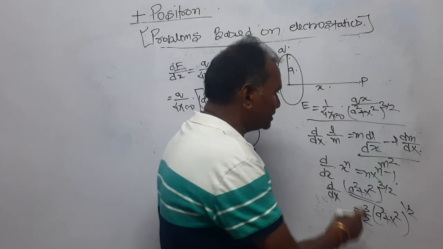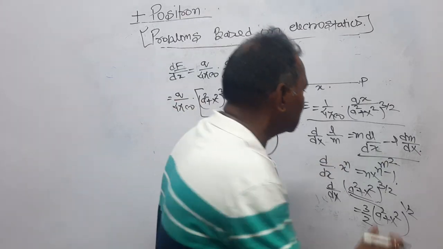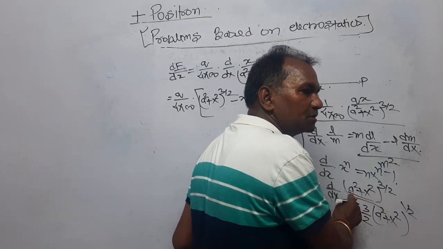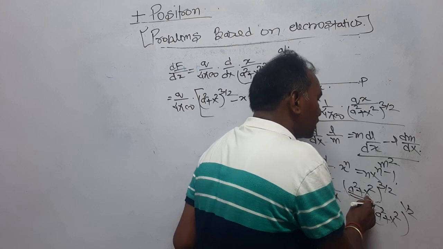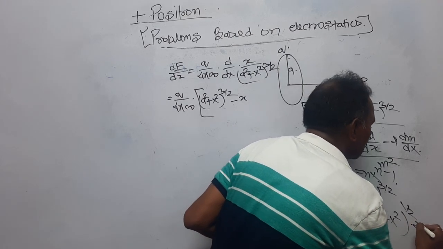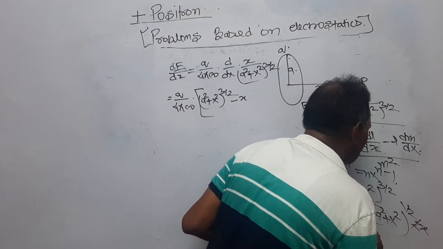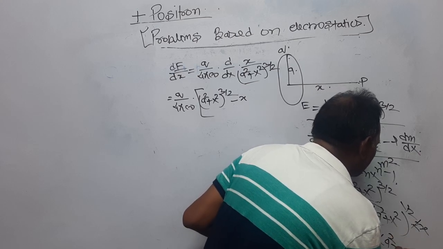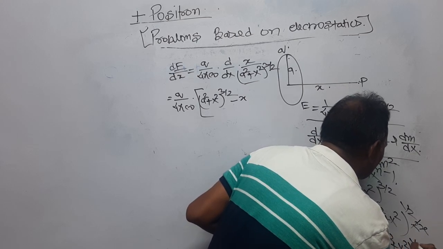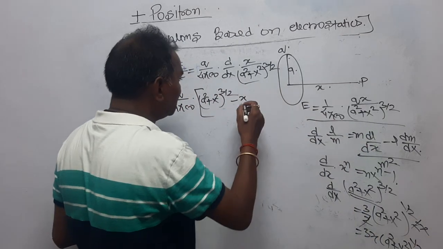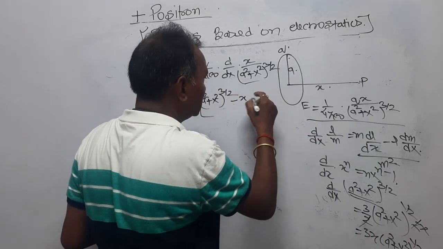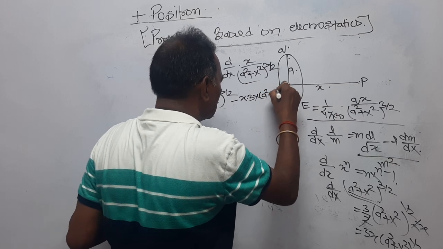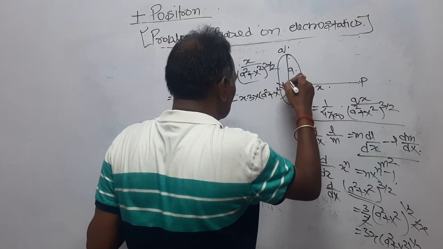Now again differentiate the inner term: a is a constant, and the differentiation of a constant is 0, and the differentiation of x square turns out to be 2x, the 2 will cancel, and you will get 3x a square plus x square to the power 1 by 2.